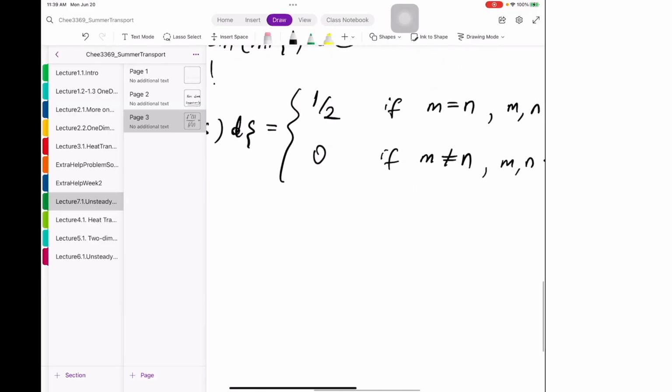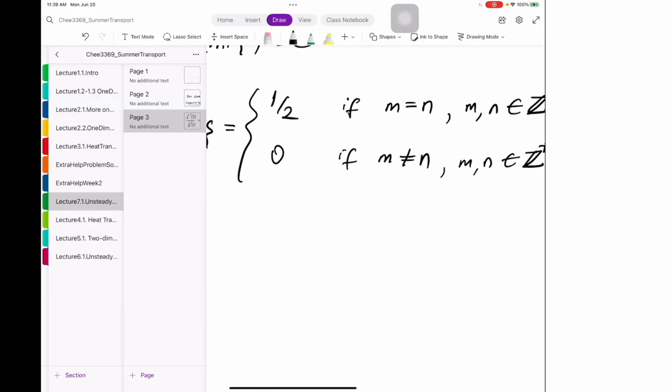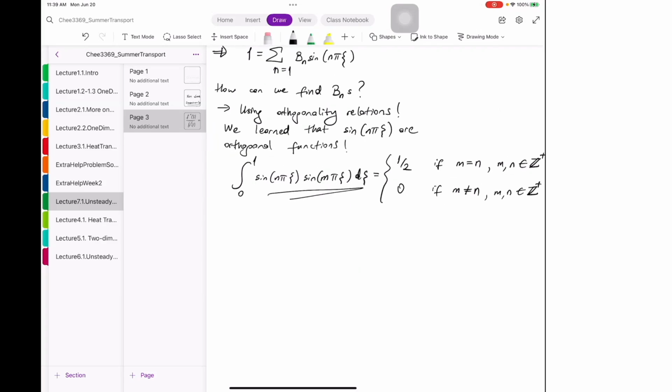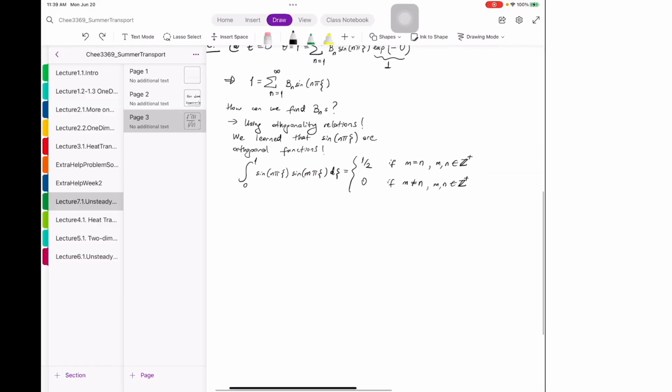Since I'm excluding the negative values, I should be fine. I'm only comparing the absolute values of m and n, and in that case this integral gives you 1/2 if m is equal to n, and 0 when they're not equal to each other. So this is the orthogonality relation.